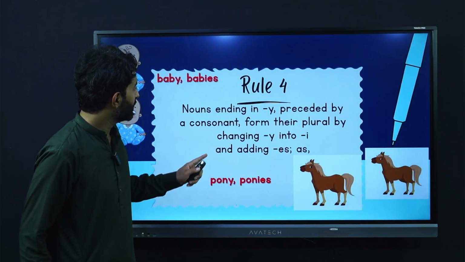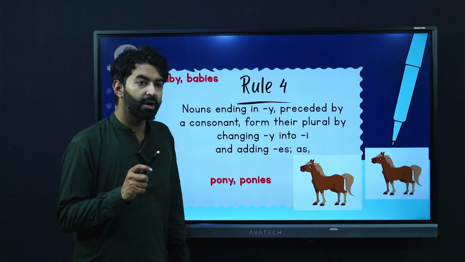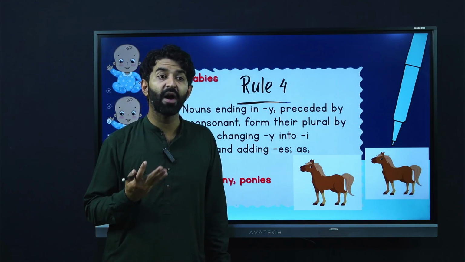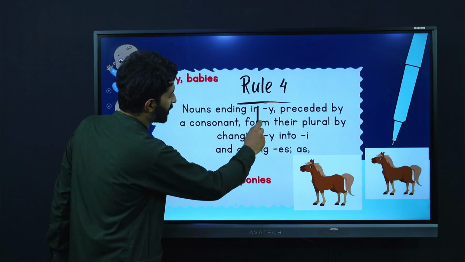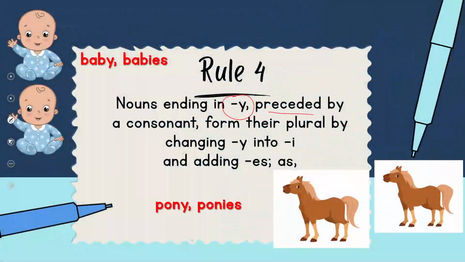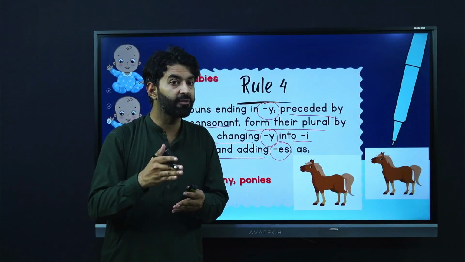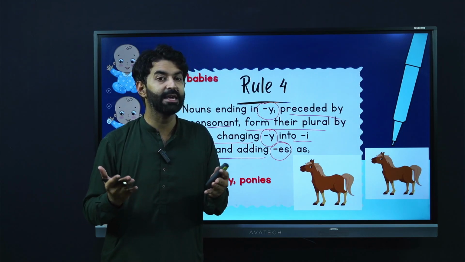Now, what if our noun is ending in y? Now this, when preceded by a consonant, forms its plural by changing y into i and adding es. When we have something that ends with y, we omit y and we add i, and then after adding i, we add es.